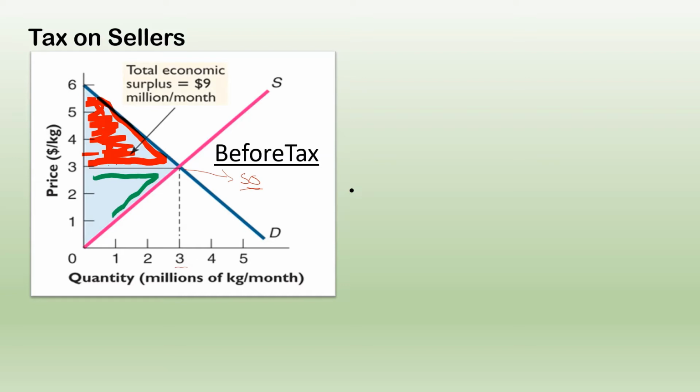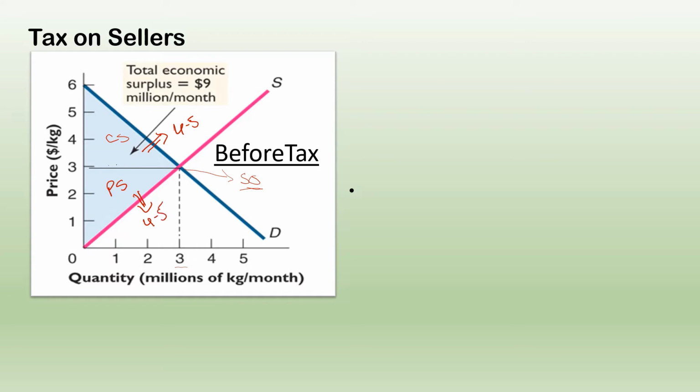Producer surplus is the area of this triangle which is below the market price of $3 and above the supply curve. So this is the consumer surplus, and here we have the producer surplus. If we calculate them, consumer surplus is 4.5, and here it is again 4.5.